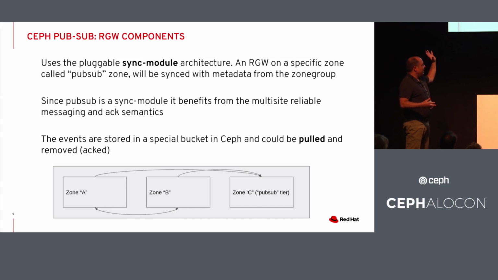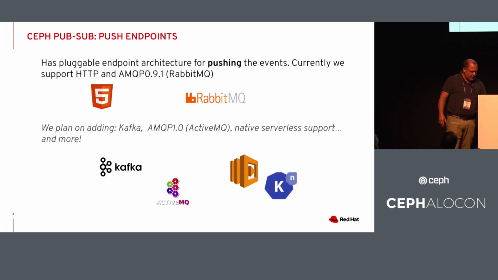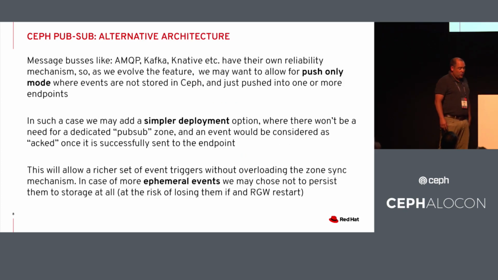If in your system you really have zone A and B, adding zone C just for PubSub could be perceived as an extra piece of configuration that you don't necessarily need. And in this case of a push-only mode, we don't really need it for any functional reason, so in the future we may want to avoid that.